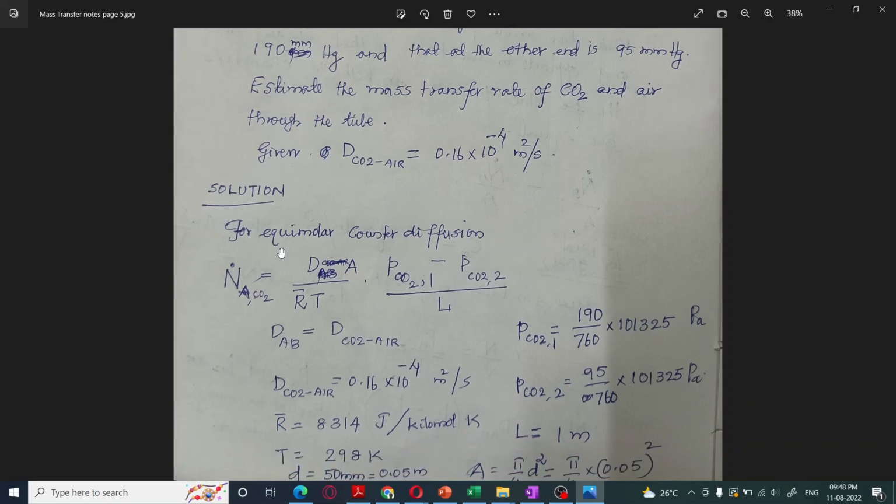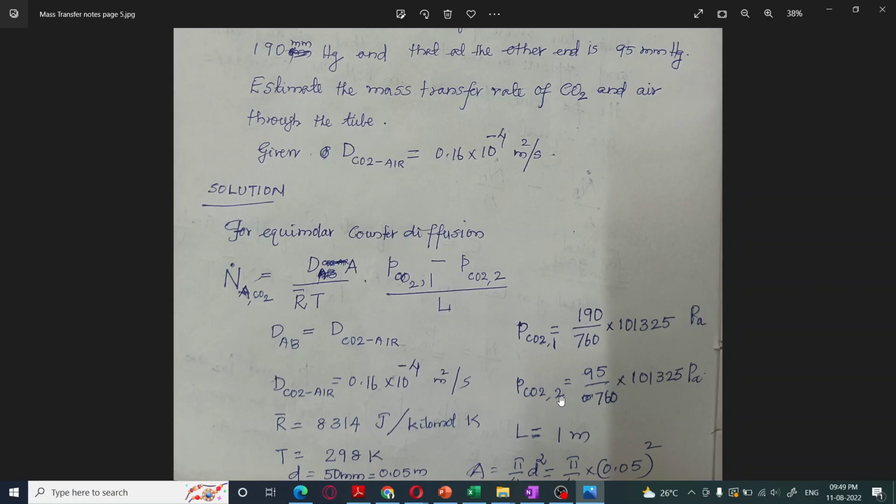Now we need to substitute into each equation. The diffusion coefficient value is given. R bar is 8314 joule per kilomole per Kelvin. T is the temperature in Kelvin. Then P CO2 1 and P CO2 2 are converted into proper SI. So 190 millimeters of mercury will be 190 by 760 into 101325 Pascal.